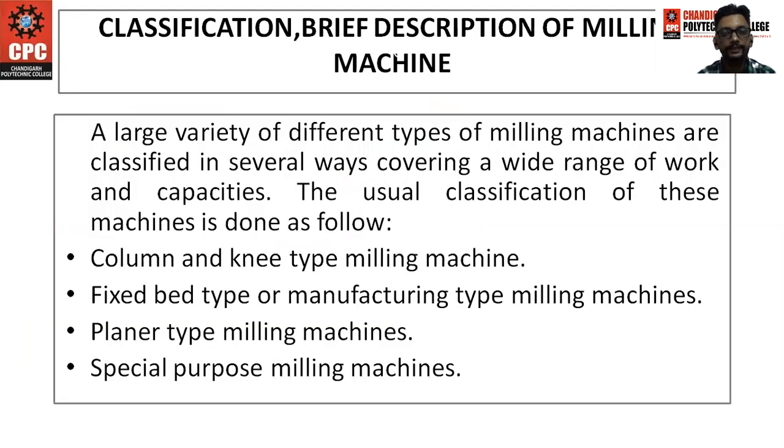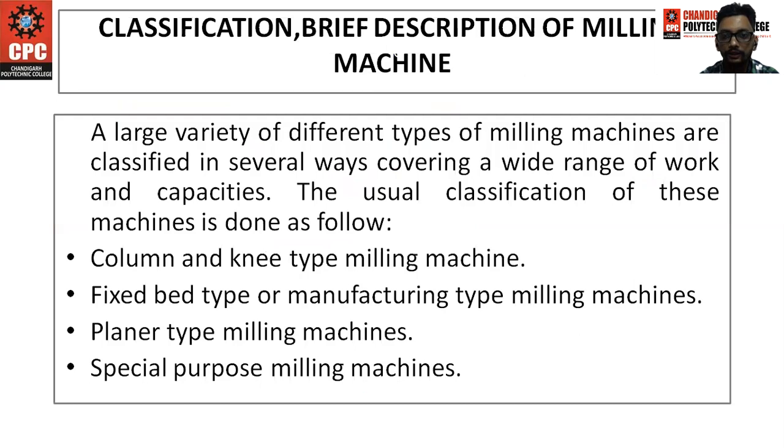In the next slide, classification and brief description of milling machine. A large variety of different types of milling machines are classified in several ways, covering a wide range of work and capacities.